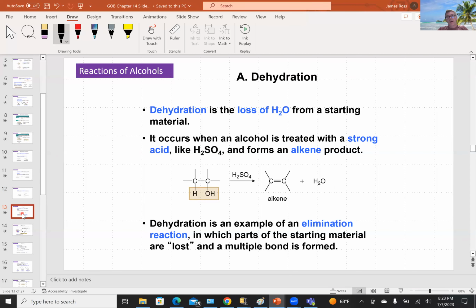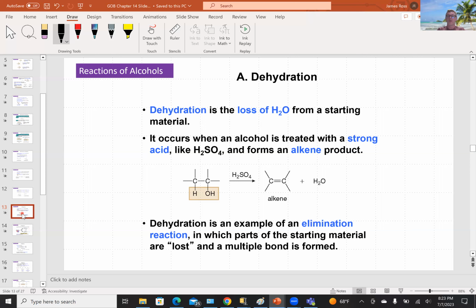We saw in a previous video where we looked at unsaturated hydrocarbons that part of the chemistry of alkenes was addition. So we can have hydration.